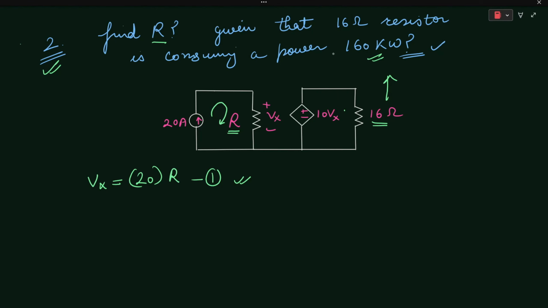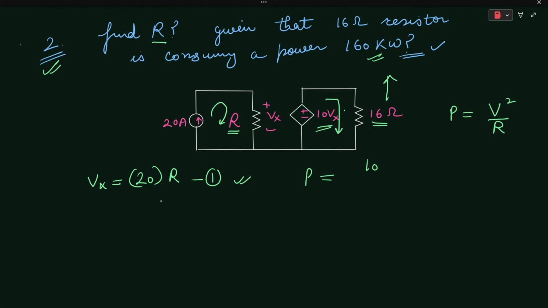In this particular loop also, it is already given that the power absorbed by this 16 ohm resistor is P, which is equal to V square by R. So P will be equal to V square, where V is 10 times Vx.